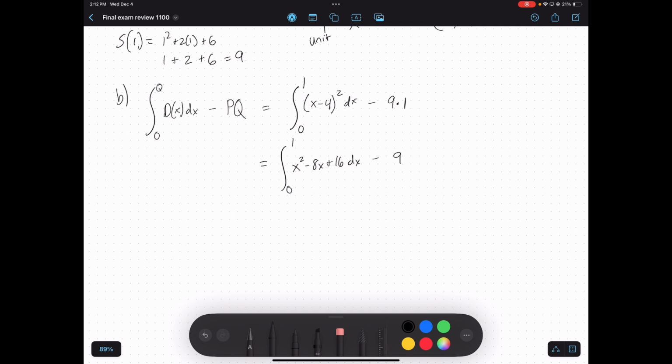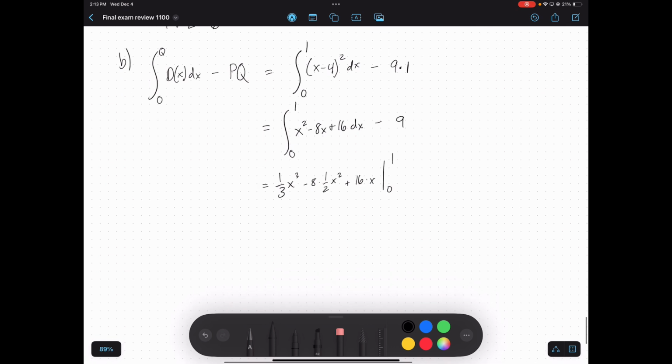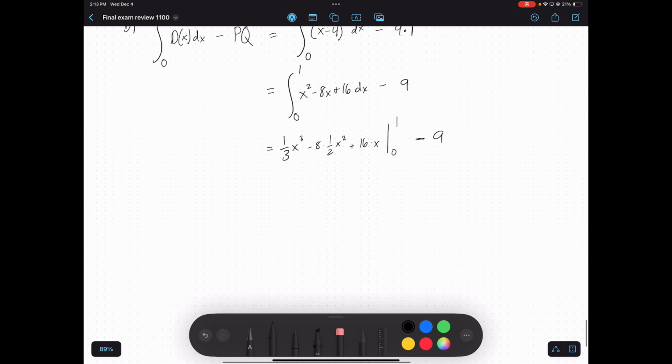Okay. Minus 9. Now I'm using fundamental theorem of calculus, so I'll go ahead and find my antiderivative. I get 1/3 x cubed minus 8 times 1/2 x squared plus 16 times x, evaluated from 0 to 1. And then, of course, I still have this minus 9. When I plug in 1, I get 1/3 minus 8 times 1/2 is 4. But when I plug in 1 squared, what do I get? Still just 1 plus 16 times 1 is 16. What happens when I plug in 0?